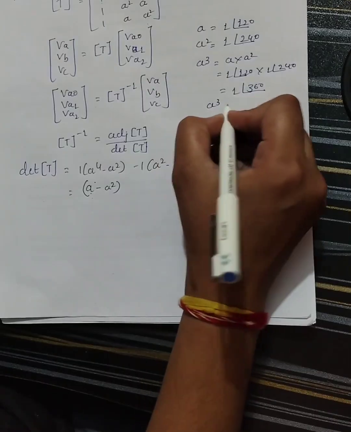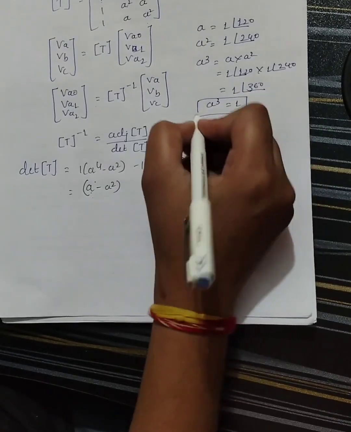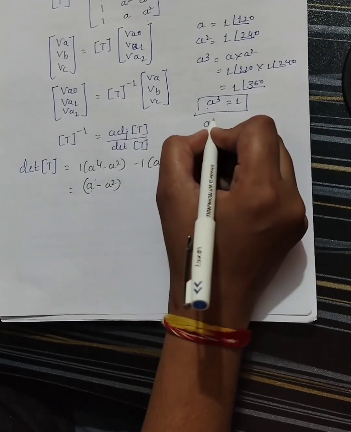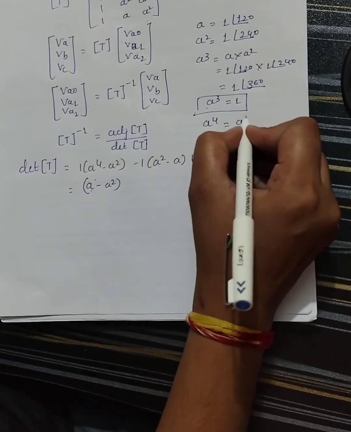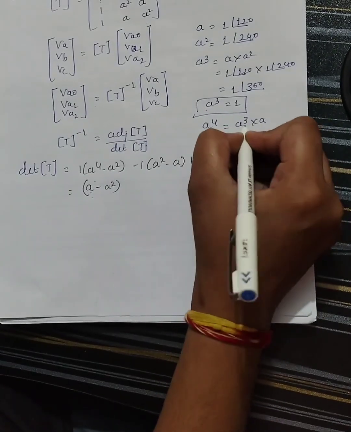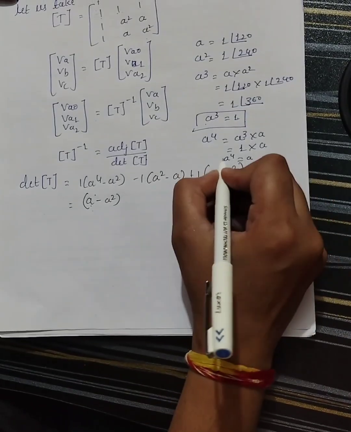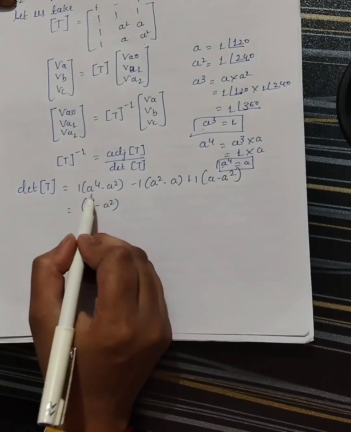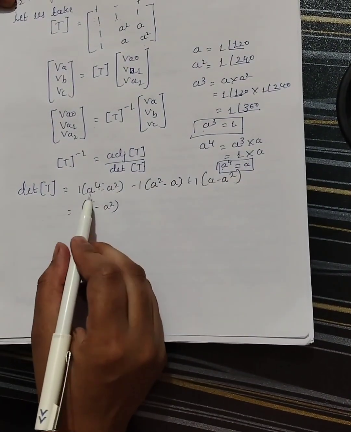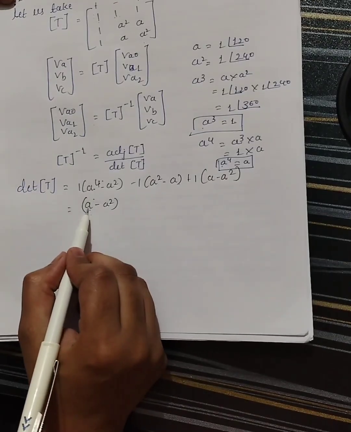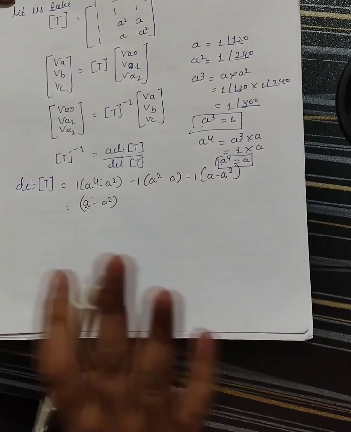So I can write a³ as 1. Then if a³ is 1, a⁴ is a³ into a, and a³ is nothing but 1, so a⁴ is nothing but a. That's why in the place of a⁴ I have written a, and I am keeping a² as it is.